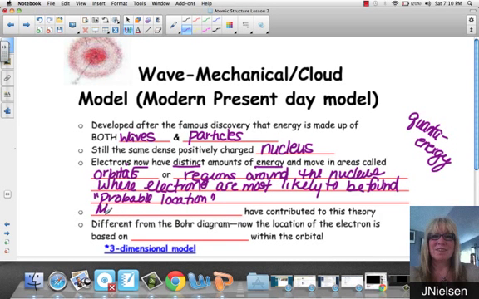Many scientists have contributed to this modern theory. And it's different from the Bohr diagram because the electrons are no longer in fixed paths, but they are based on probability within the orbital. So that was the last one that you missed.